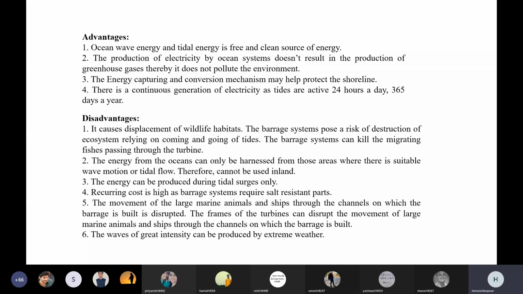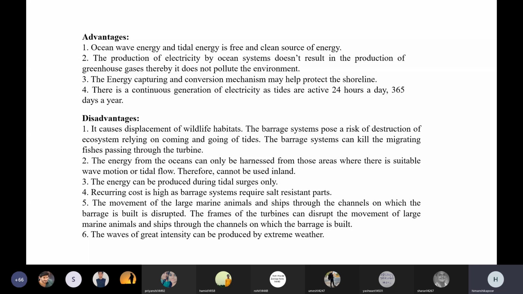So it is a continuous source of energy. And if you are generating energy through ocean resources, then obviously you will protect it, and so this is also helping in the protection of the shoreline. You will not exploit this water resource. So that is another advantage.